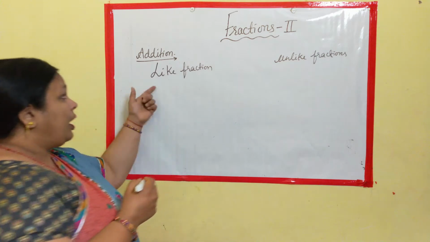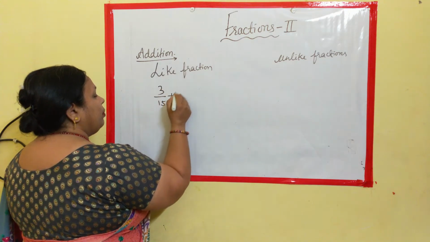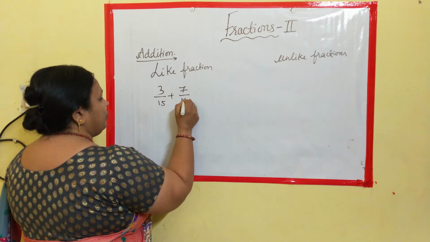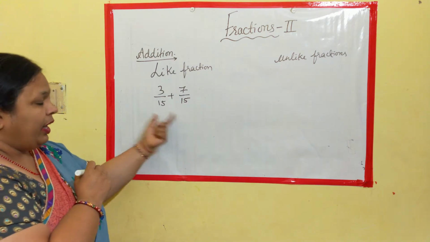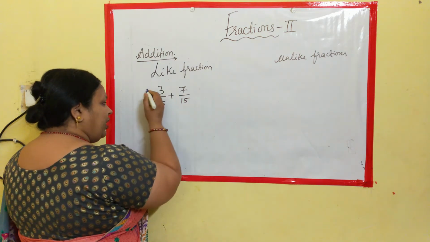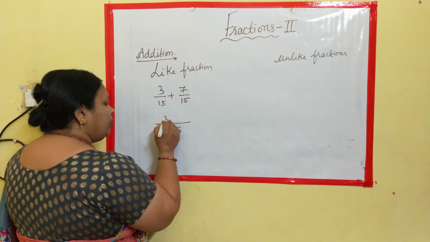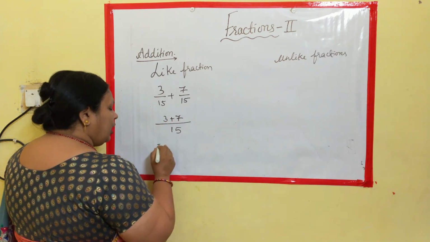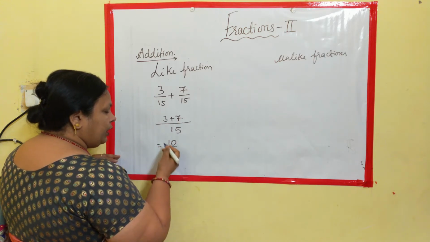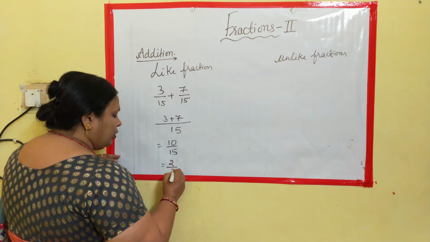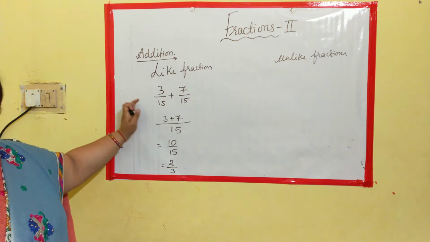If we are supposed to add a like fraction like 3 by 15 plus 7 by 15, then when adding like fractions, take the common denominator, add the numerators as it is, and you are going to get 10 upon 15. 10 upon 15 is nothing but 2 upon 3. Clear?